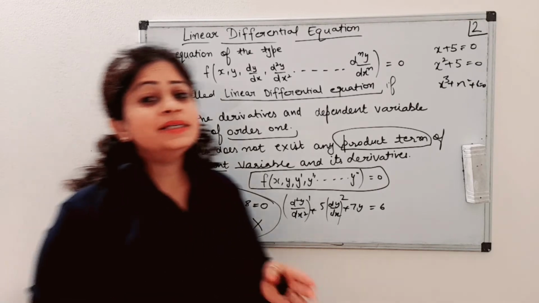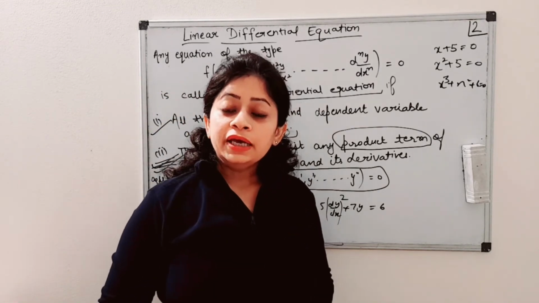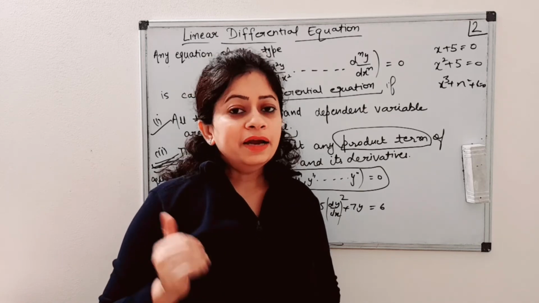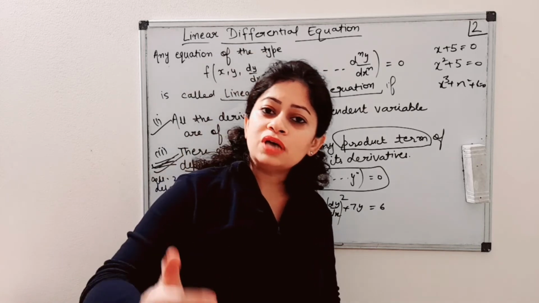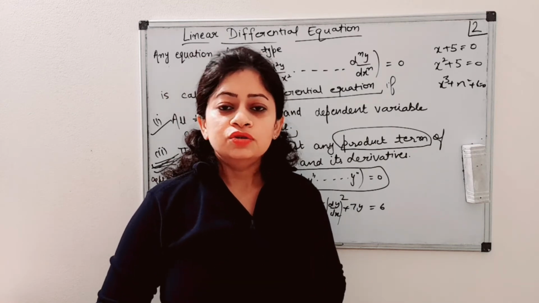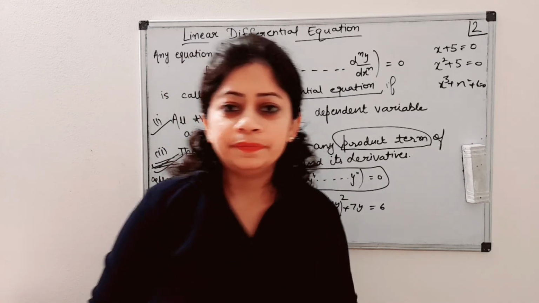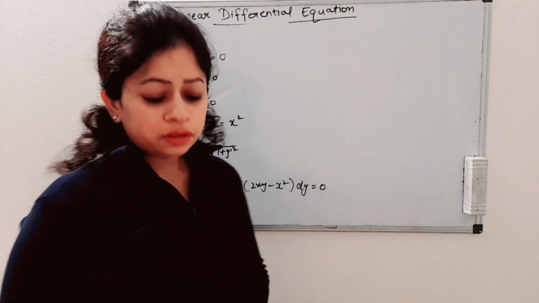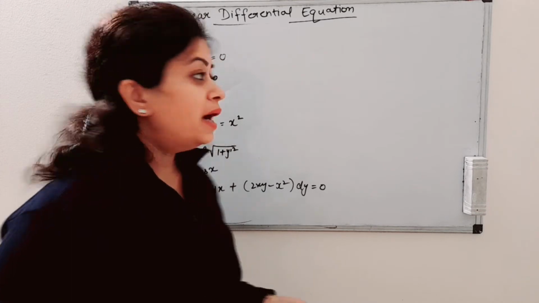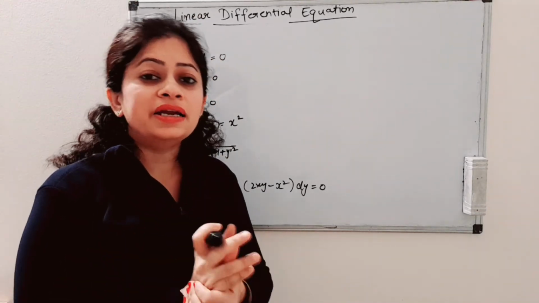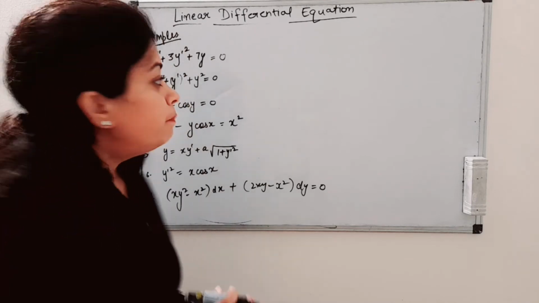Now we will see some examples. In those examples, we will check order, degree, and whether those are linear or non-linear. Okay, so let's come to the examples now.